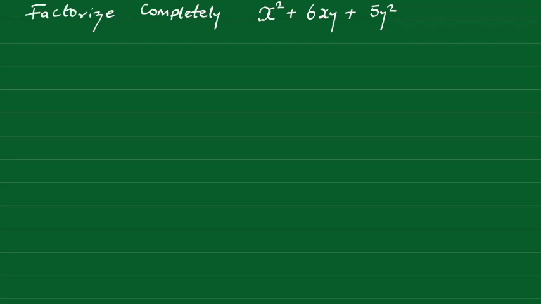All right, guys, welcome. We've been given a question where we are asked to factorize completely x squared plus 6xy plus 5y squared. Now, to proceed, we quickly write solution. Write solution, and we copy out our algebraic expression.